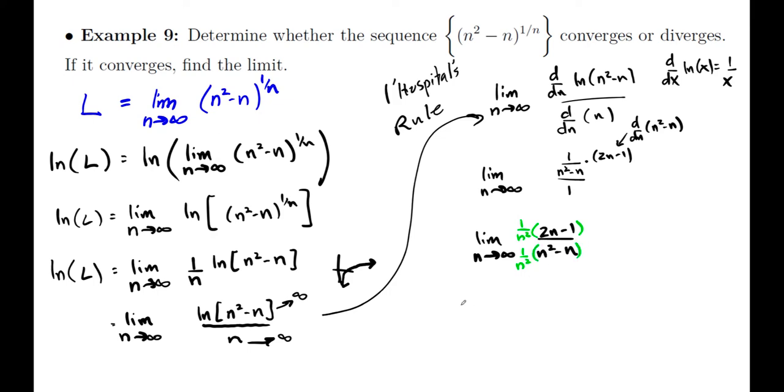That's another way to show what's happening. But even setting aside all those formalities, I hope you would look at this and realize if I've got a bigger power on the bottom than on top, that expression ought to be heading toward 0. So I know where this is going. I know this is 0.